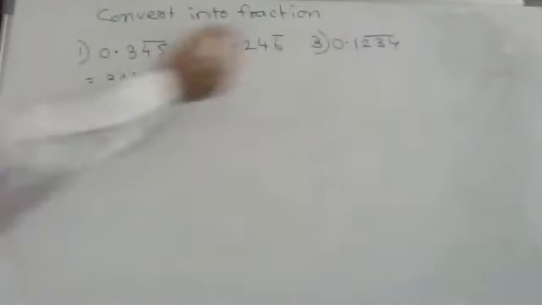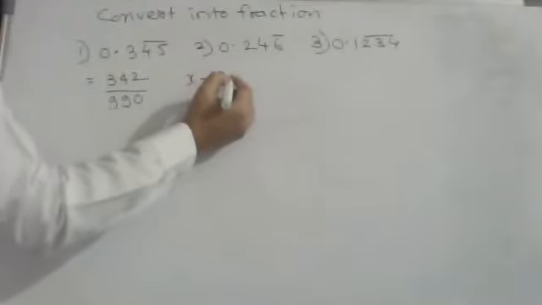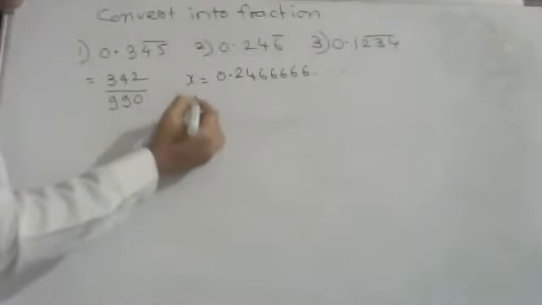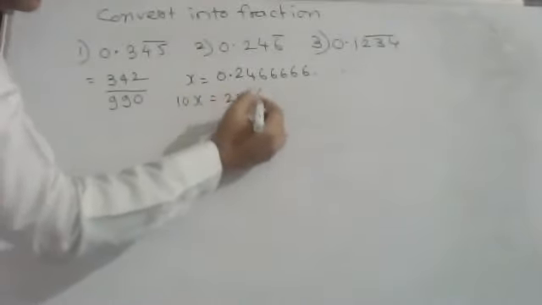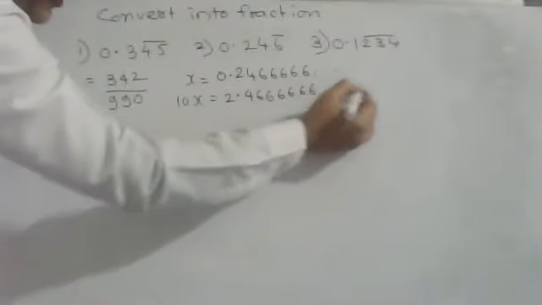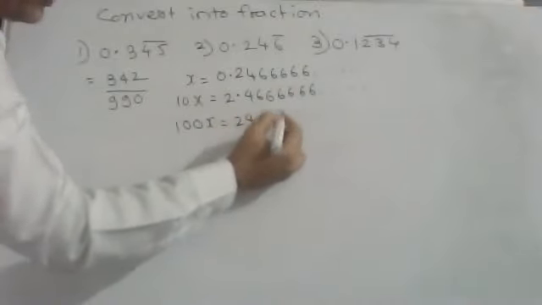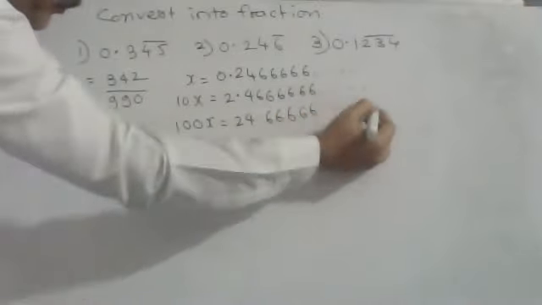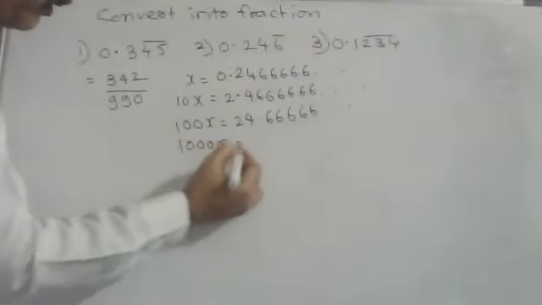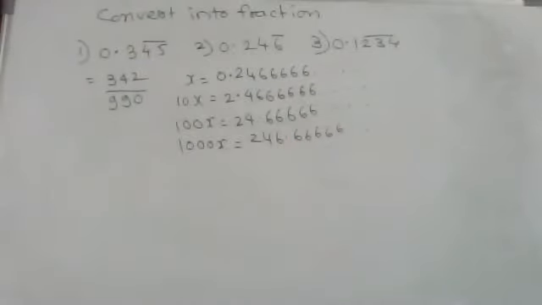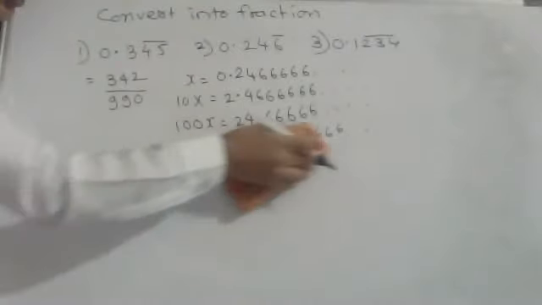I will solve this by a lengthy method, then by shortcut. We'll assume this as x, 0.246666. What will be 10x? 2.466666 onwards. What will be 100x? 24.666666. What will be 1000x? 246.66666. Okay, so after 0.6, same.